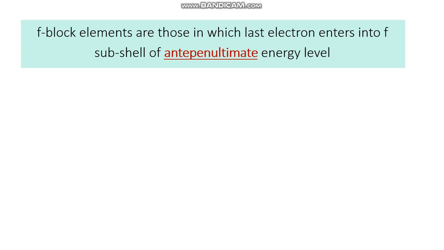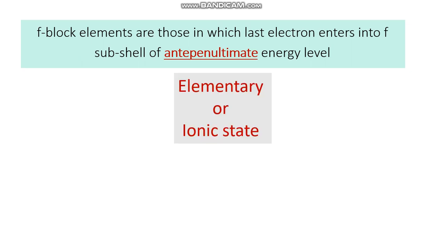So f-block elements are those elements in which the last electron enters into the anti-penultimate energy level, and for this electron, the elemental or ionic state is not a condition: the element can be in a neutral state or in any of its ionic states, and if the last electron enters into the f anti-penultimate subshell, then the element will be called an f-block element.